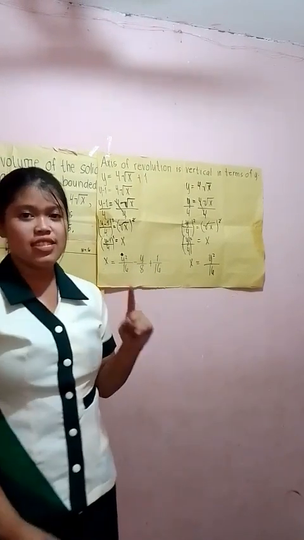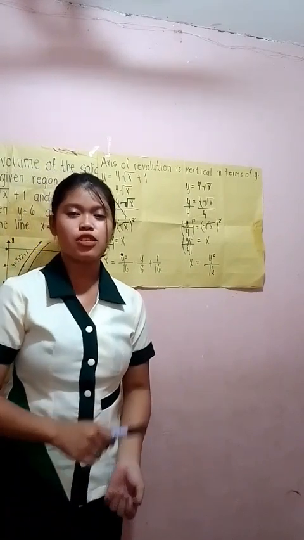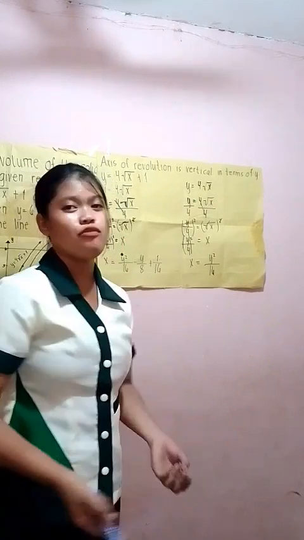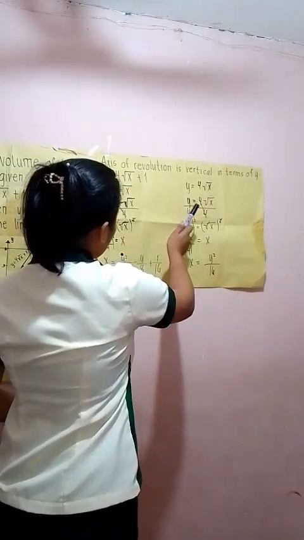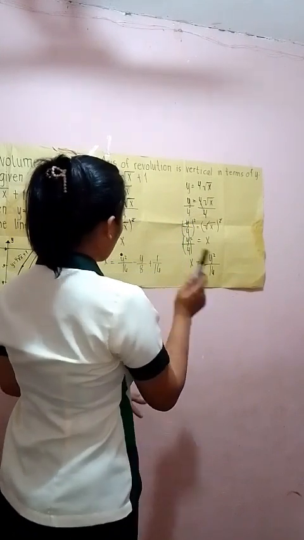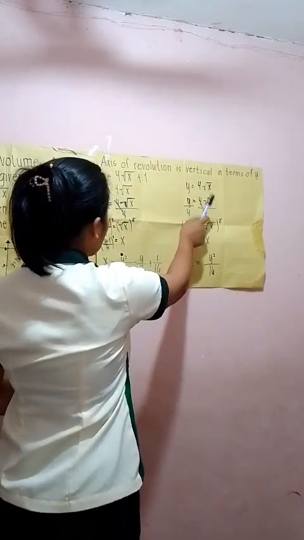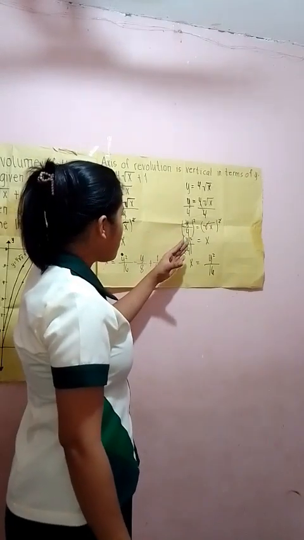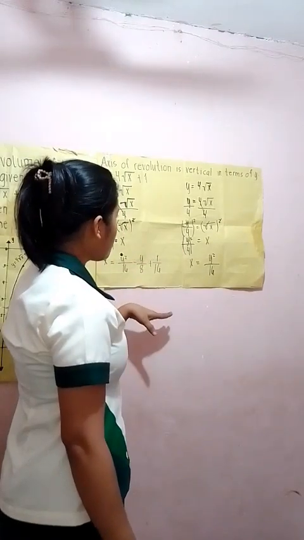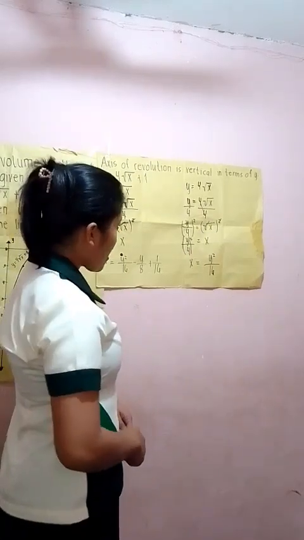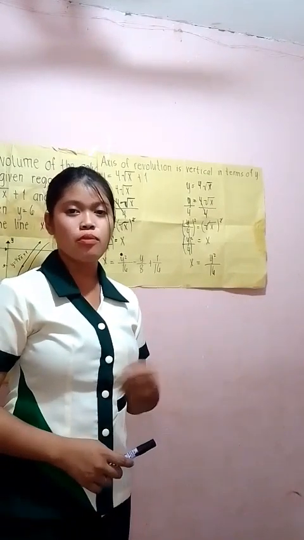Next function is y is equal to 4 times the square root of x. We will also make this in terms of y. So this will become now y over 4 is equal to the square root of x. And now to remain x, we will again square both sides.